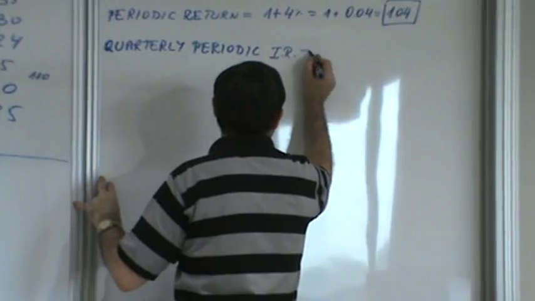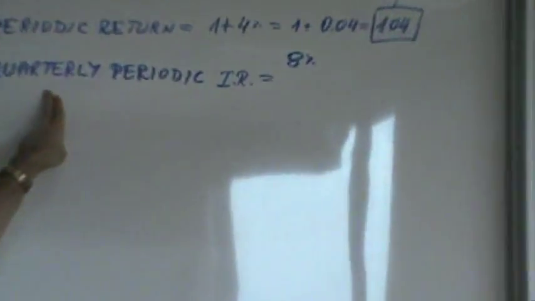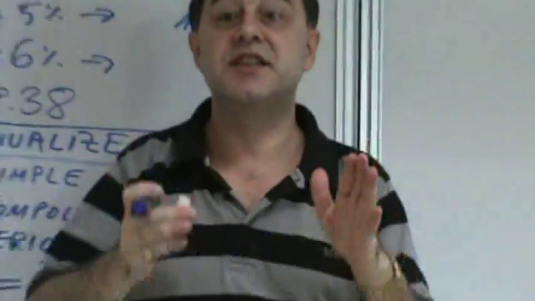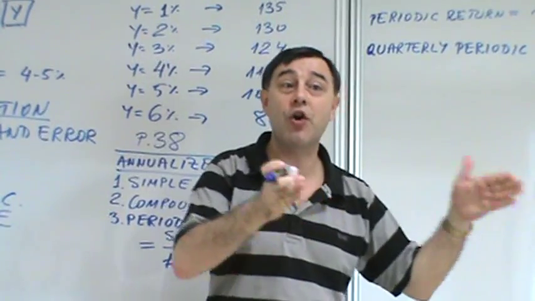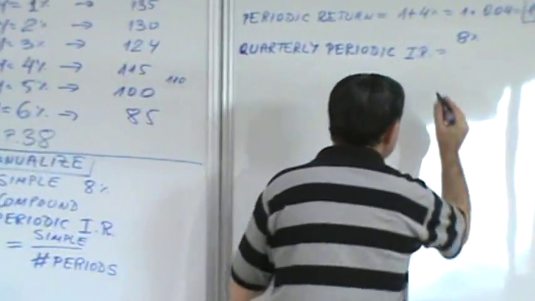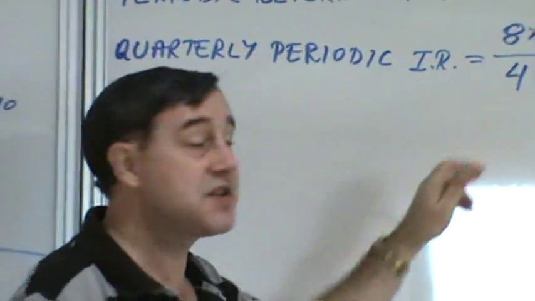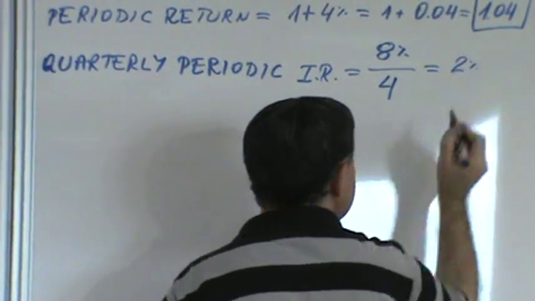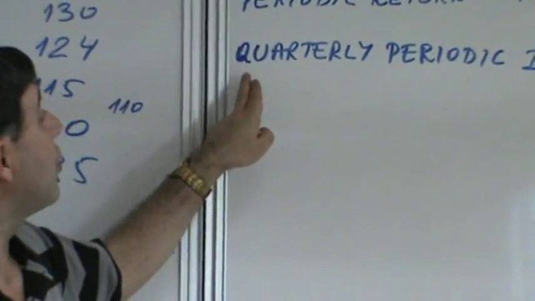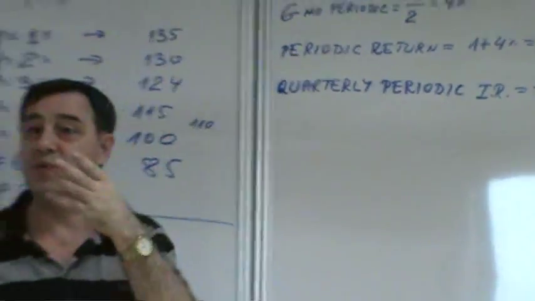First of all, the simple annual rate is 8%. Quarterly means that the length of the period is 1 quarter. This means that you have 4 periods. So 8% annual divided by 4 periods means that the quarterly rate is 2%.